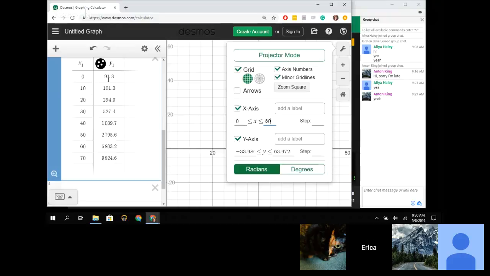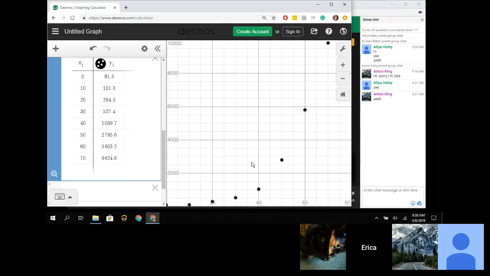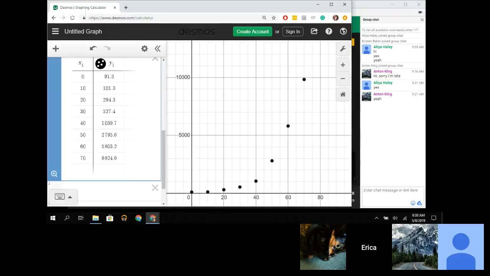My GDP goes from basically 0 to, I'm going to go all the way up to 10,000. See how I put that in there? Because I've based it off my range. And then I can kind of play with it from there. All right. So here is my graph of my data, how the GDP for the US is growing over time.